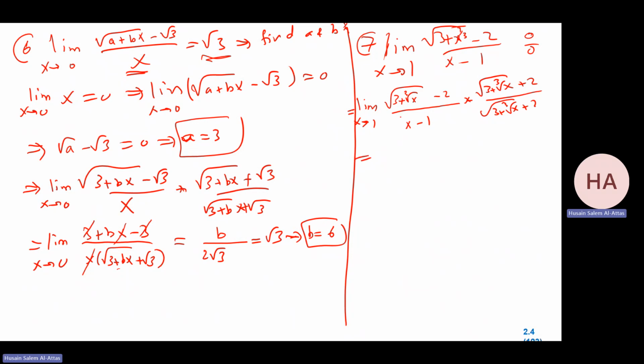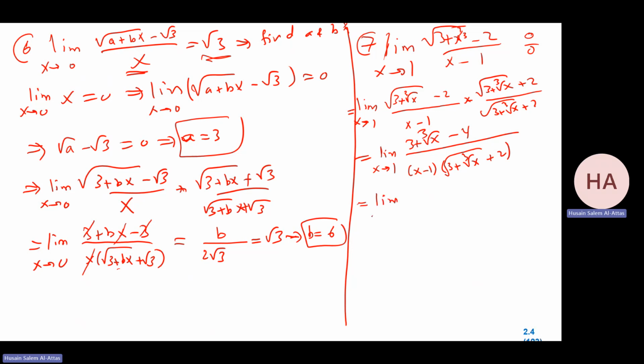What you will get? Instead, you will get 3 plus cube root of x minus 4 over x minus 1, times 3 plus cube root of x plus 2. Which is what?